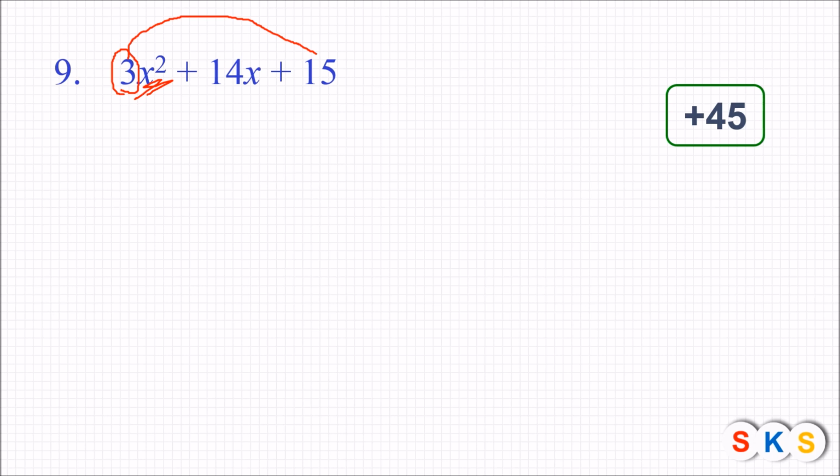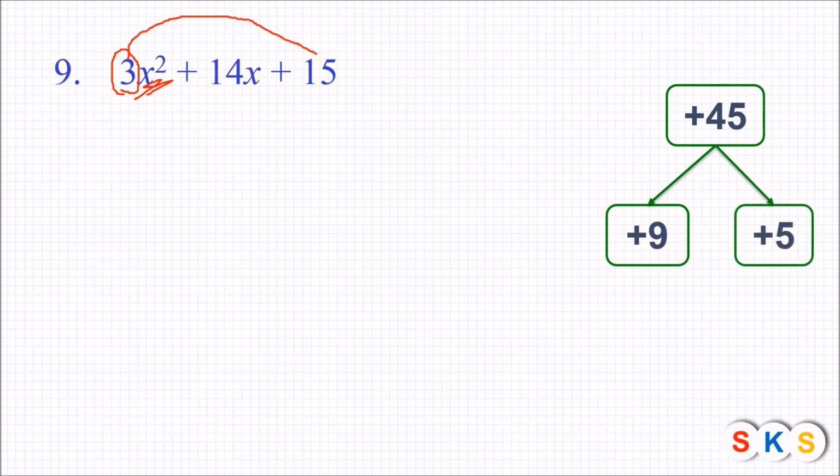Now what we will do here, we will find two numbers. When you multiply them you should get 45, and when you add those two numbers you should get 14. So let's see, those two numbers are plus 9 and plus 5. Okay, if I multiply plus 9 with plus 5, we'll get plus 45, and when I add plus 9 with plus 5, I'll get 14. So I'm going to split the middle term.